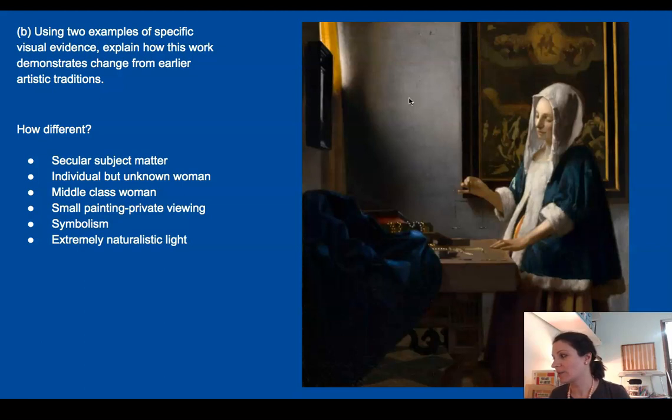I also talked about the fact that while symbolism had long had its place in religious artworks, and we've seen this in quite a few artworks that we have looked at, including Northern European ones, when we looked at the Annunciation altarpiece, the Mérode altarpiece, the one that folds up.